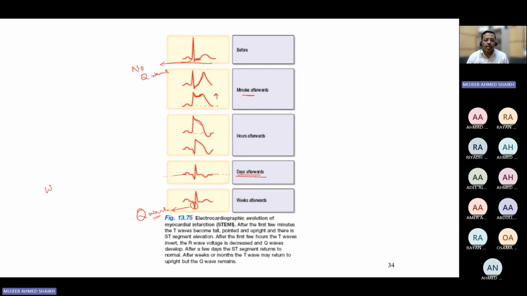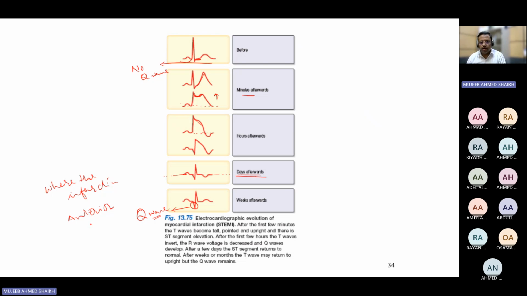Again, where the infarction is occurring. Suppose it is the anterior wall, so leads of the anterior wall will show Q wave or ST segment elevation. If it is occurring in the inferior wall of the heart, then it will be seen in the inferior leads, which are responsible for the inferior wall visualization.